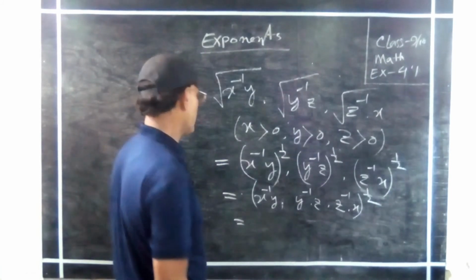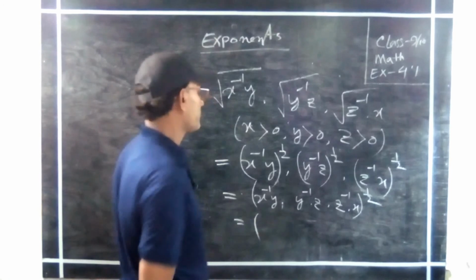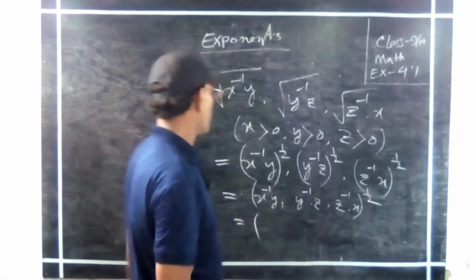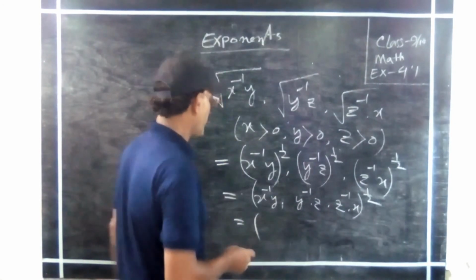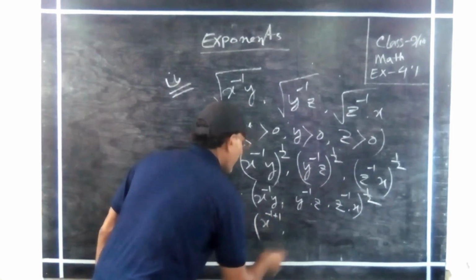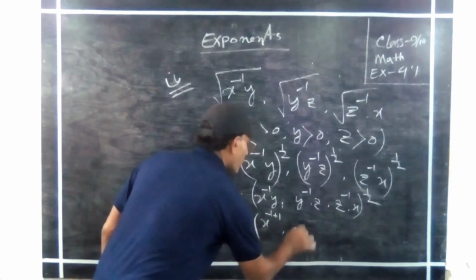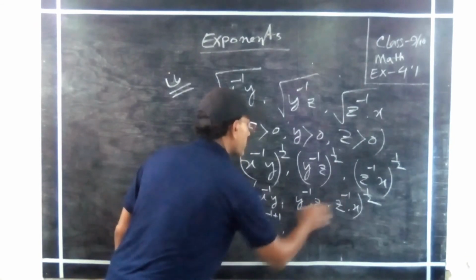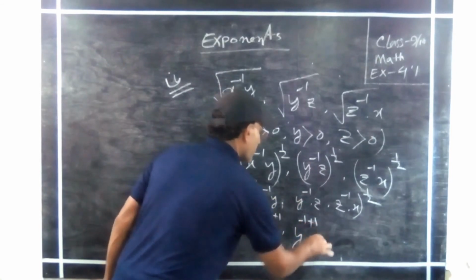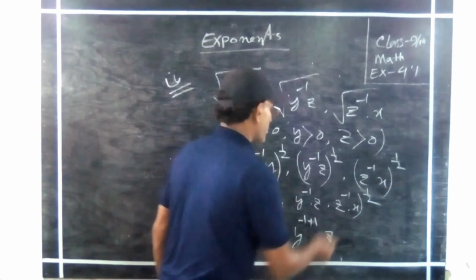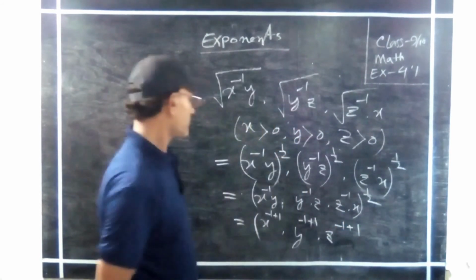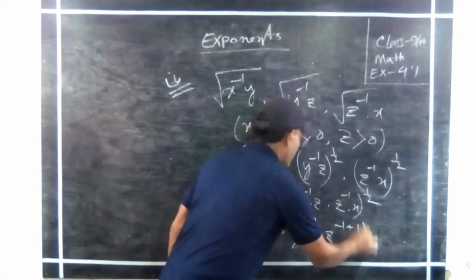Here we can write x and x, power will be x to the power minus 1 plus 1, and the same case y to the power minus 1 plus 1, and z to the power minus 1 plus 1, whole to the power half.